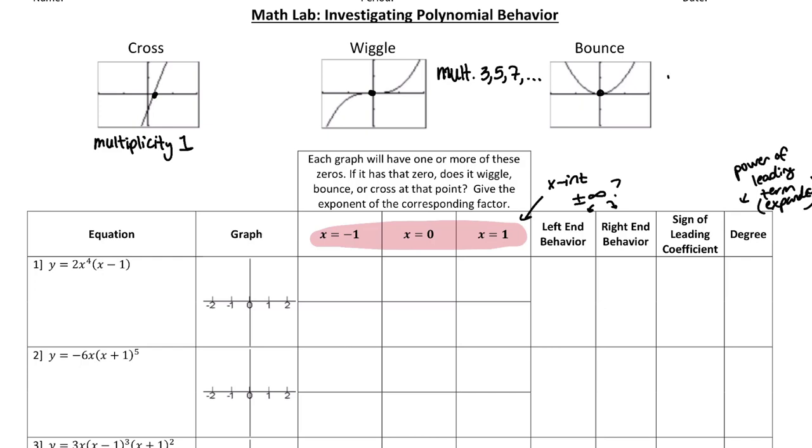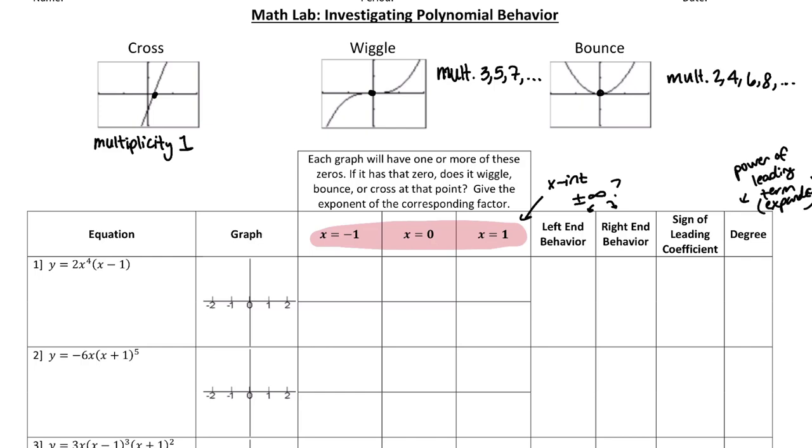And a bounce is going to happen when we have multiplicity 2, 4, 6, 8, and so on. Only one of those things can happen at a zero, and it affects how we draw the curve going through them. The picture shows how we would draw the curve. When I say multiplicity, I mean the power on each factor.